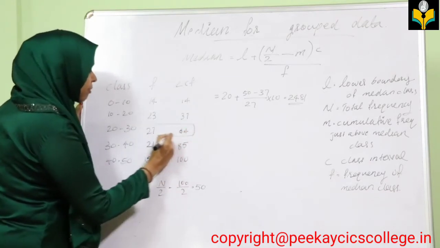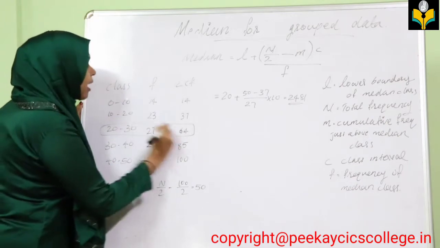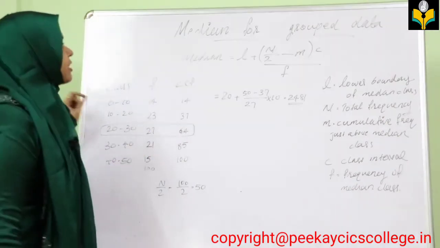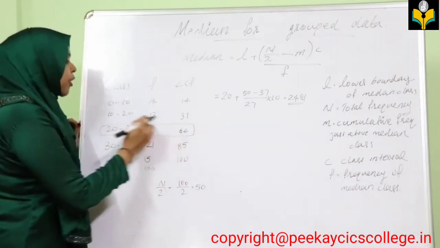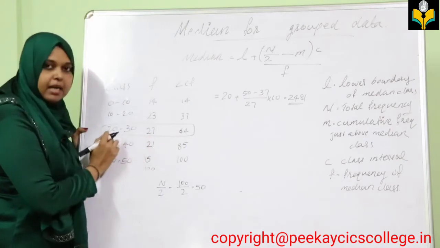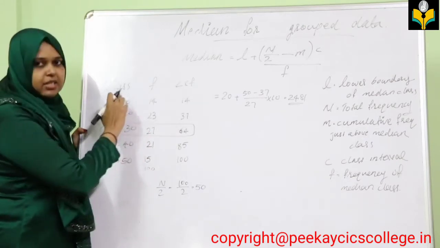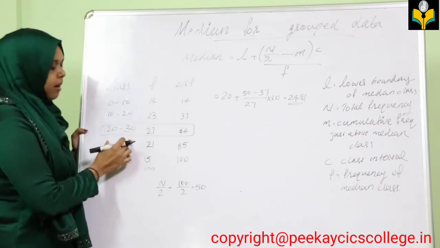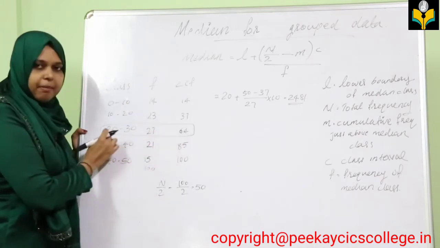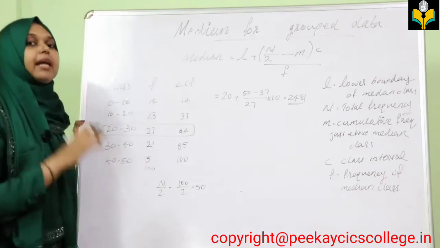This is not our median, only our median class. If it were ungrouped data, the corresponding mark would be our median, but here we have classes, not marks.